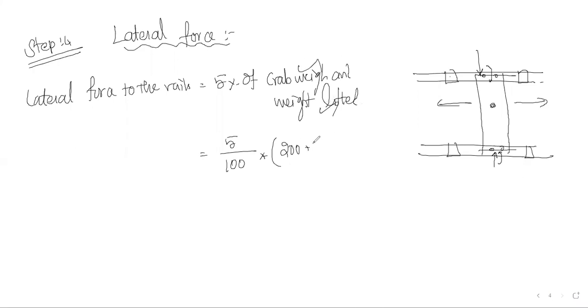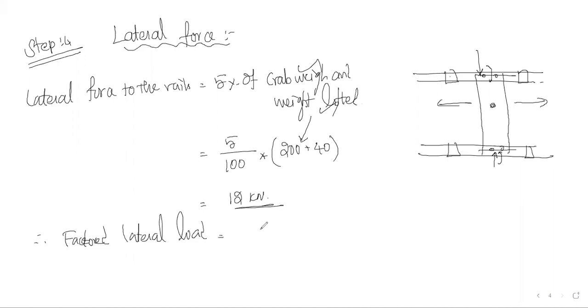Crab weight is nothing but trolley, motor, and those loads, that is around 40 kilonewton. So if I take this, I'm getting 12 kilonewton. Therefore, factored lateral load is equal to factor of safety multiplied with the load. It becomes 18 kilonewton.